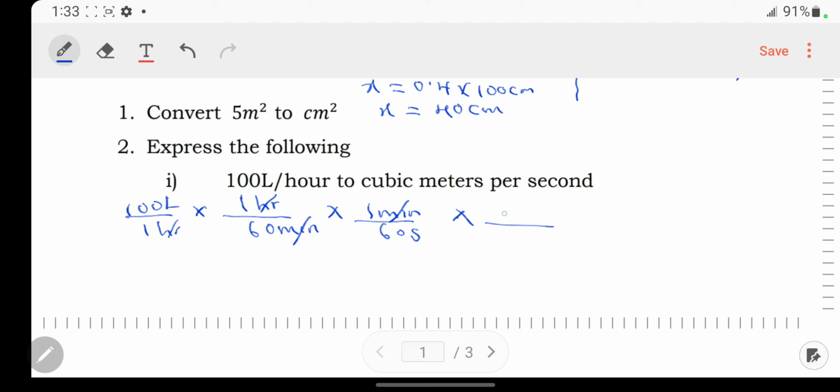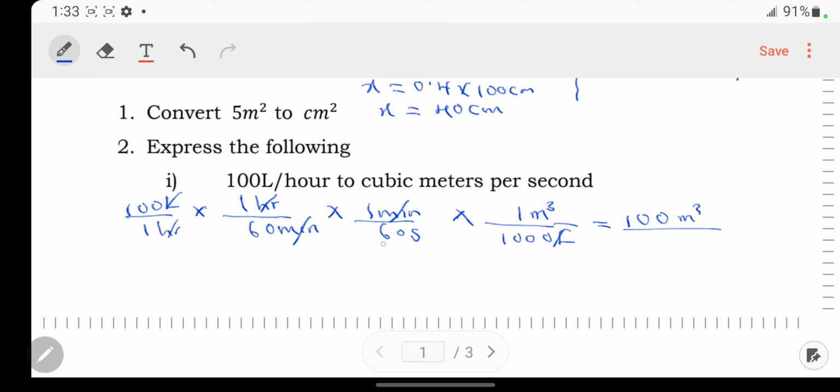Since the liter is there on top, we put the 1,000 liters at the bottom, equivalent to 1 cubic meter, like this. So now when we multiply, we have 100 by 1 by 1 by 1. Since this liter has gone, we are going to have 100 cubic meters.